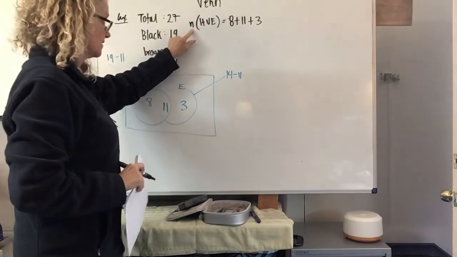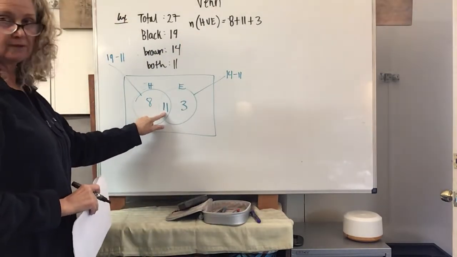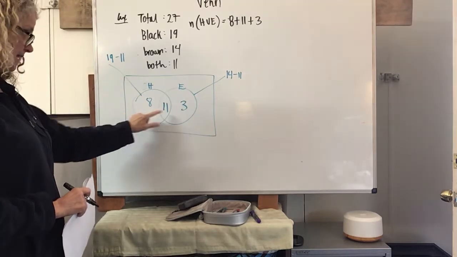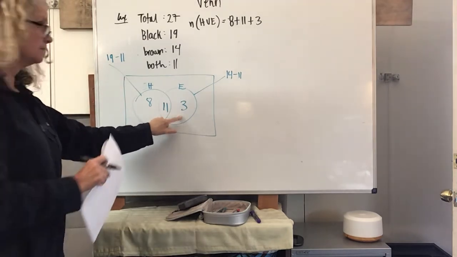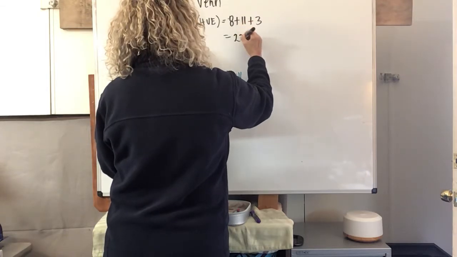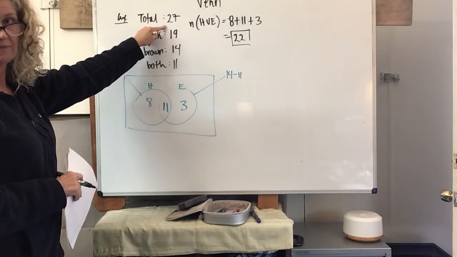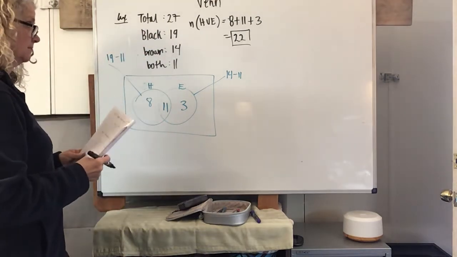That is a union, the number that have black hair or brown eyes. And that's going to be, notice there's no overlap, we subtracted. So it's going to be 8 plus 11 plus 3. And I'm hoping when you do your math, you get 22. So it means 5 have none, neither characteristic.